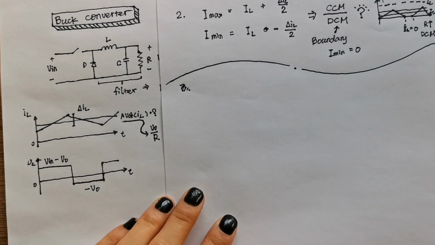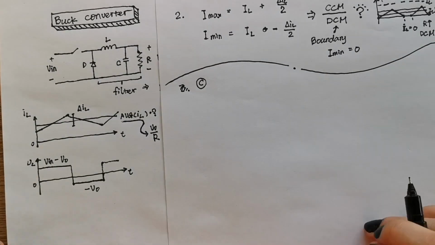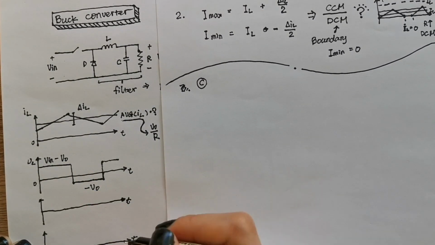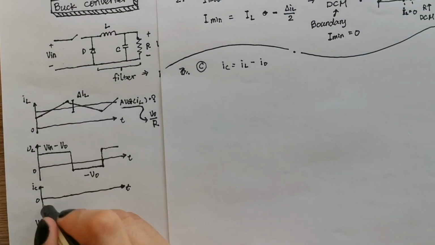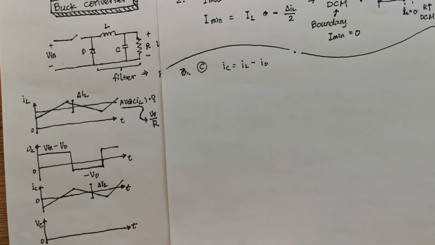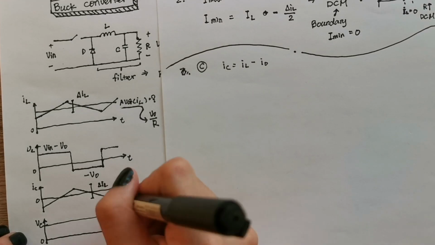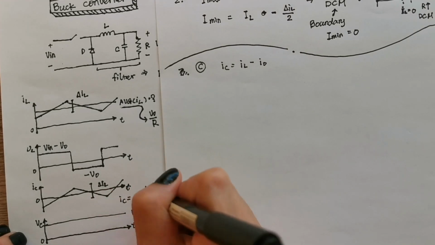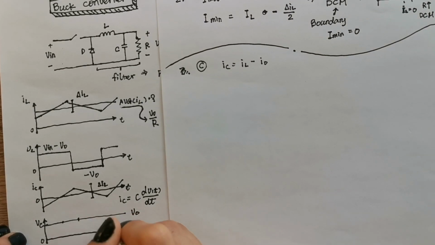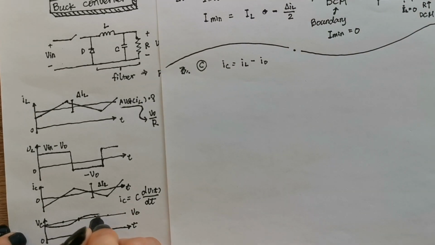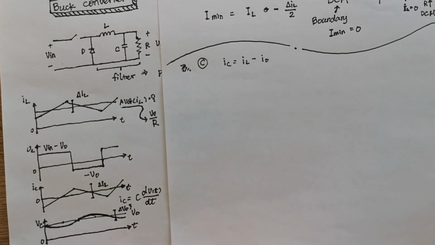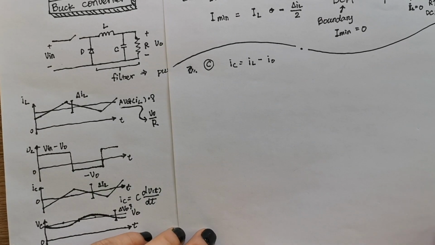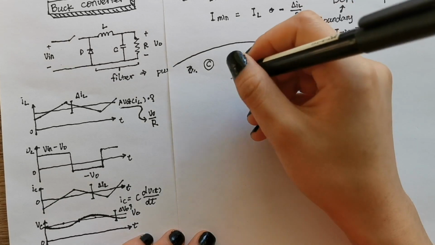Then let's move on to analyzing the capacitor. The current in the capacitor is the inductor current minus the output current. So we can easily get the capacitor current like this. In the preceding analysis, the capacitor was assumed to be very large to keep the output voltage constant. In practice, the output voltage cannot be kept perfectly constant. The voltage ripple is computed from the voltage-current relationship of the capacitor. So now let's calculate the voltage ripple.